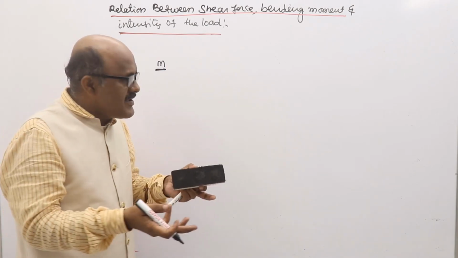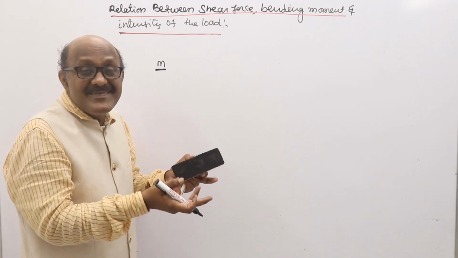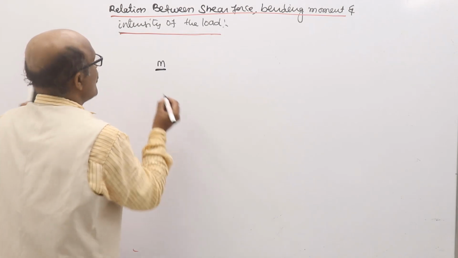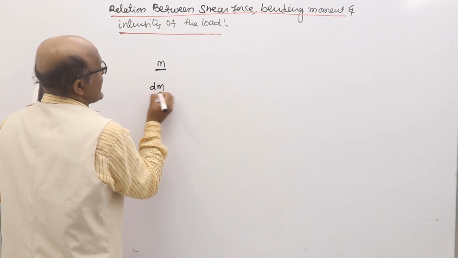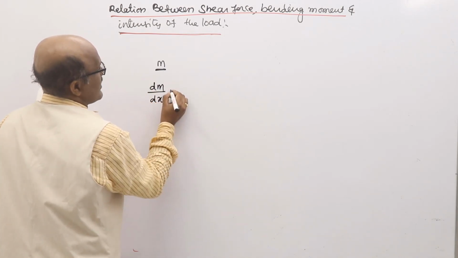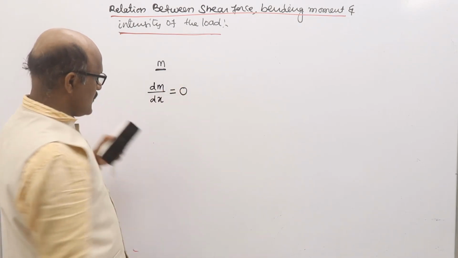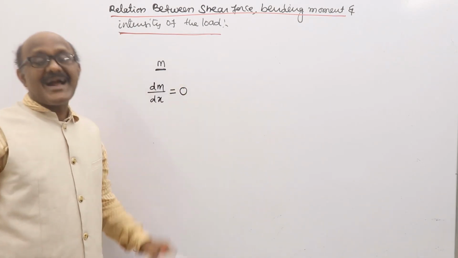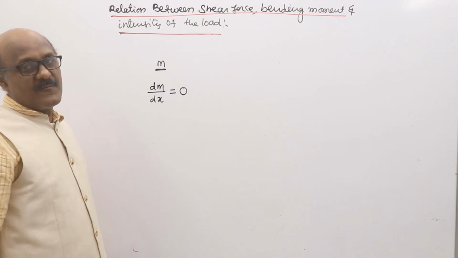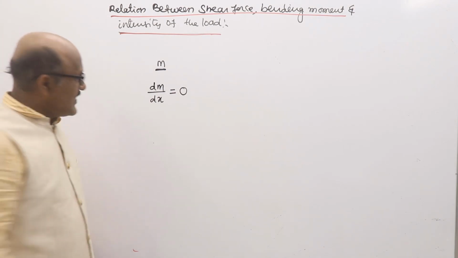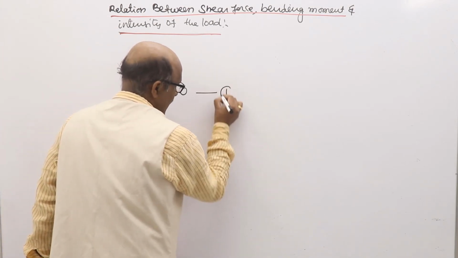Now what is the variable here? Variable is x, that is length of the beam. So differentiate dM by dx with respect to x and equate to 0, we will get the condition for maximum value. This is equation number 1.